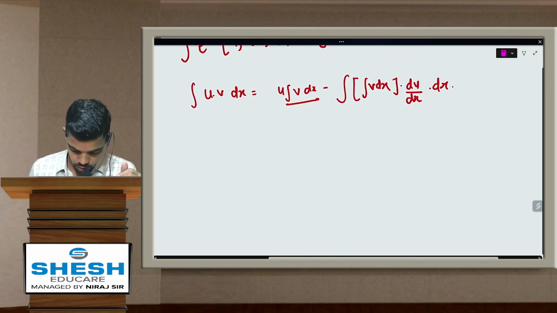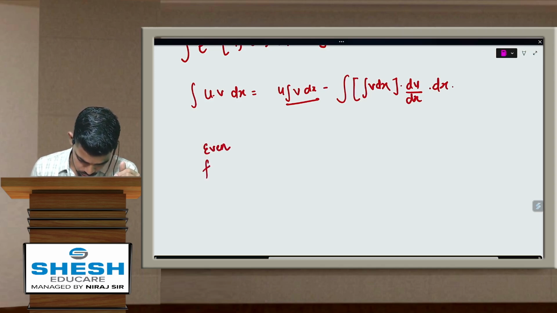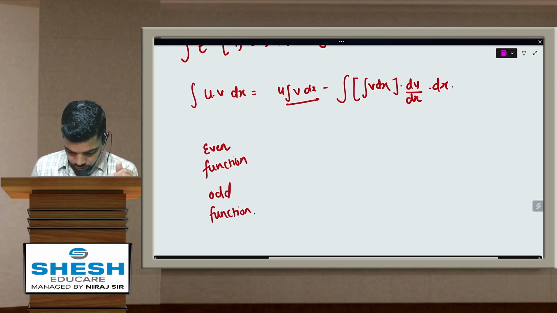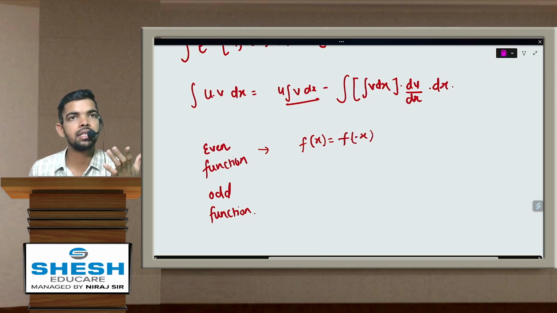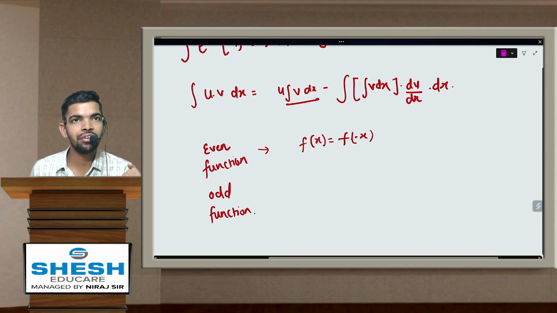Let's go on. What is an even function? What is an even function? You have even functions and odd functions. A function will be even if f of x is the same as f of minus x, then that will be called an even function.